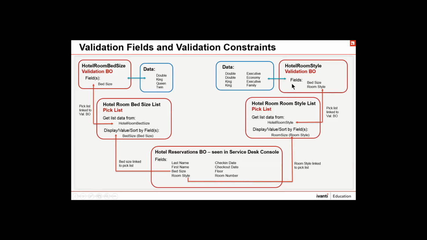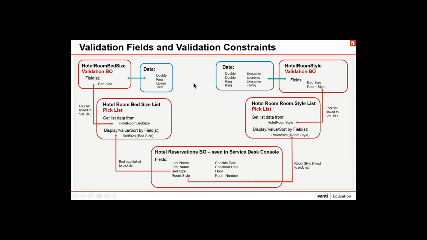You're not really, but it can seem like that. So right now I'm going to create this validation business object. Then I'm going to create this pick list and link it to this room style field. So in the end, when the customer picks the bed size, they'll be looking at these. And when they go to pick a room style, they're only going to see the ones that have double next to it because they chose double here.